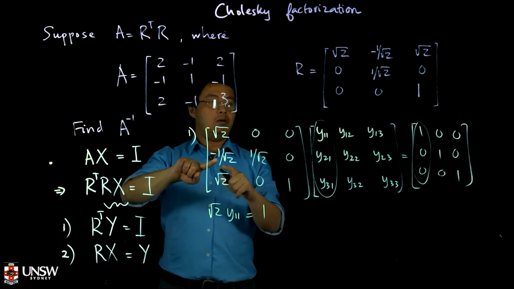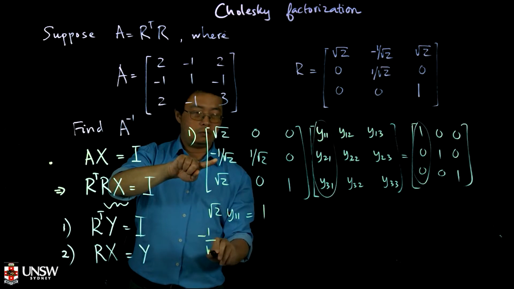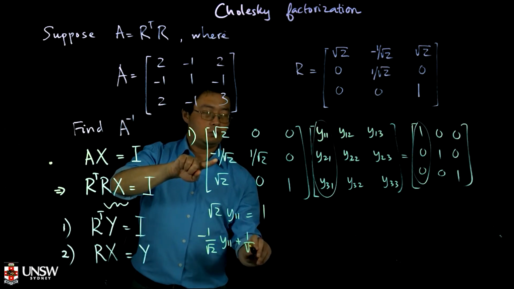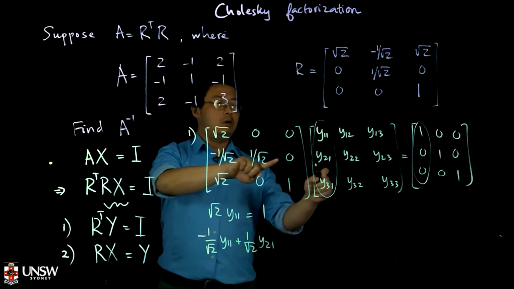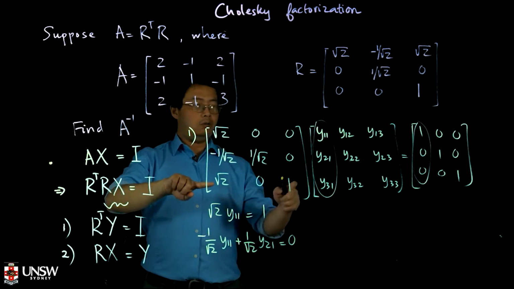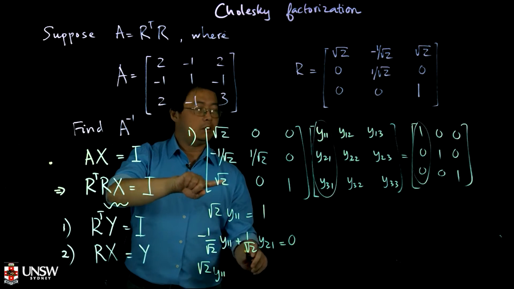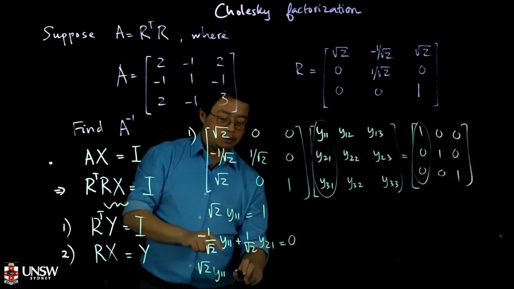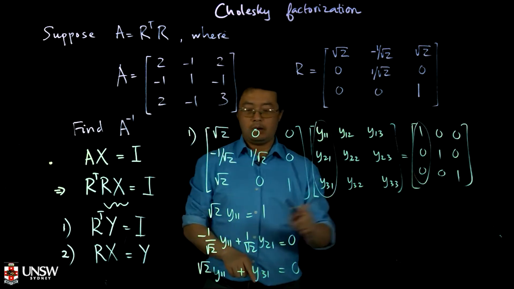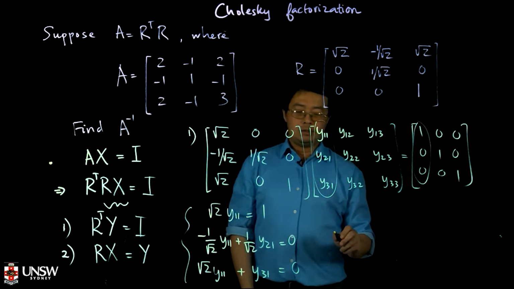The second row with the first column gives minus 1 over root 2 Y11 plus 1 over root 2 Y21 plus 0 equals 0. The last row is square root 2 Y11 plus 0 plus Y31 equals 0. Now we solve this system by forward substitution.